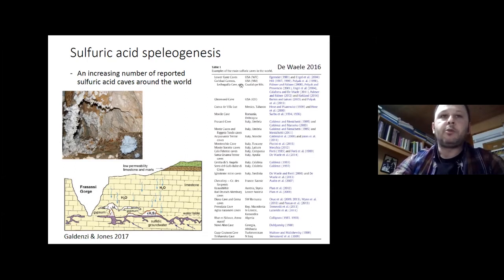Here is a very nice example, a cross section of a quite famous cave, the Frasassi cave in Italy, where you can see that the formation of the passages is tied to the former base level positions in the Frasassi gorge, in the canyon. So the dissolution, the cave volume formation, is largely above the water table.